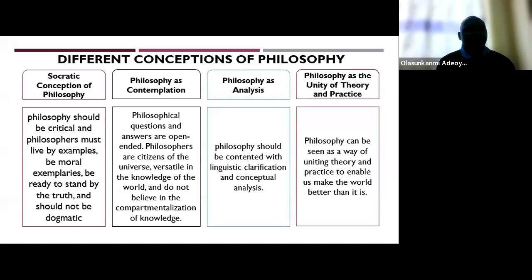Now, going by the fact that there is no univocal definition for philosophy, we have different definitions from different philosophers. Attempts are made by scholars to capture the definition by classifying different ways of doing philosophy under some conceptions. For instance, the first one that we have here is Socrates' conception of philosophy.